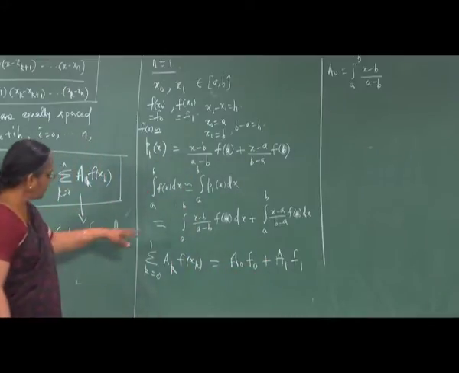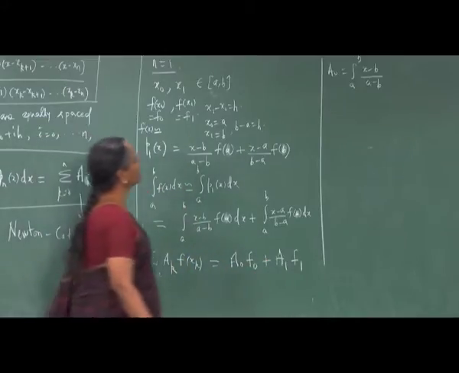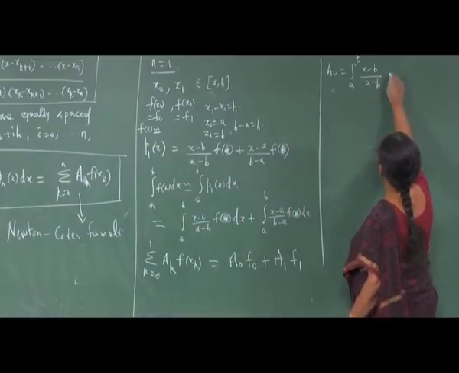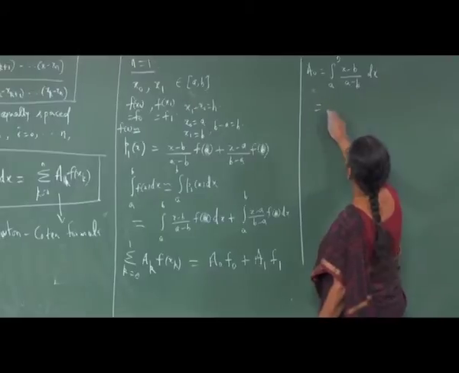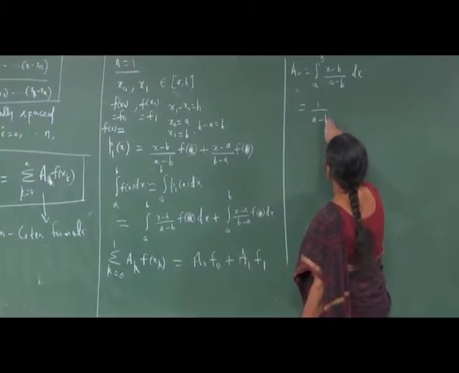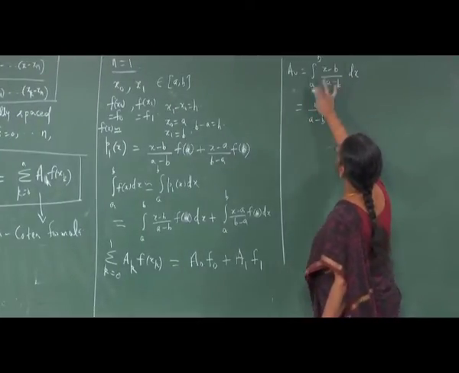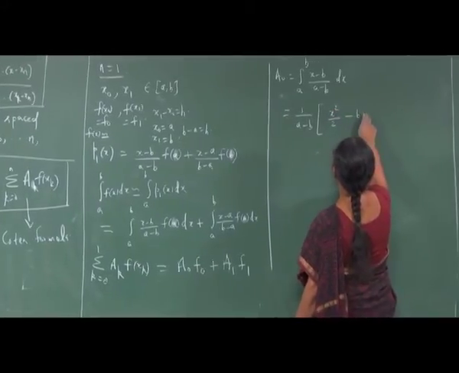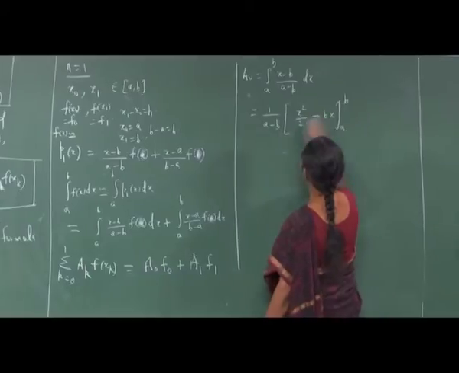So we have to now evaluate a naught and a1. So a naught will be x minus b by a minus b integration with respect to x. So that is 1 by a minus b into integral a to b x dx minus b into x between a and b.